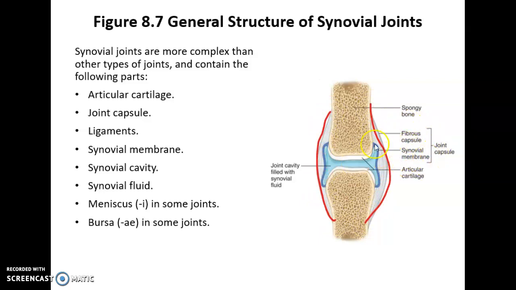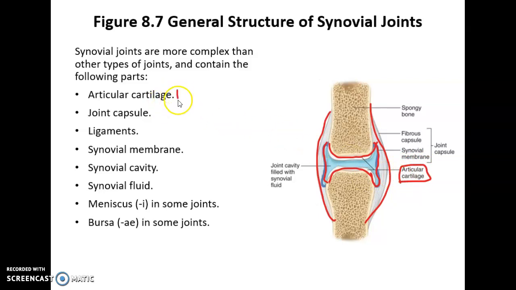And then we have the synovial membrane, which is the inner lining for the articulation. Then we have a cavity, which is filled with fluid, the synovial fluid. And finally we have the covering or protection for the bones, which is the articular cartilage or articular surface.